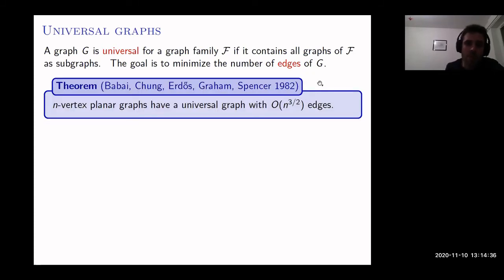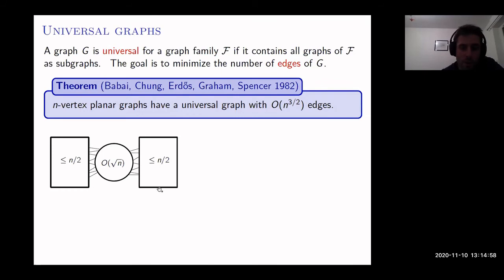For planar graphs, there's this very nice construction of Chung, Erdős, Graham, and Spencer from 1982. They used separators to prove that n-vertex planar graphs have a universal graph with n^(3/2) edges. So here is the proof.